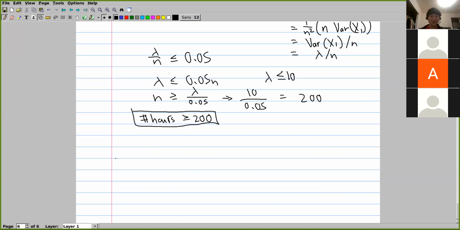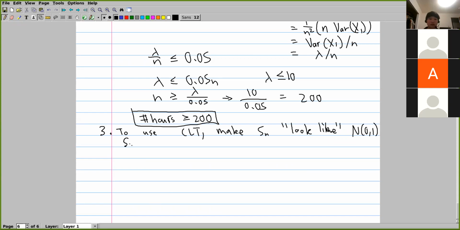Okay, we only have 4 minutes left, so I'll try to rush through what it would look like if we turned it into the CLT. To use CLT, we have to make Sn look like normal of 0 and 1.